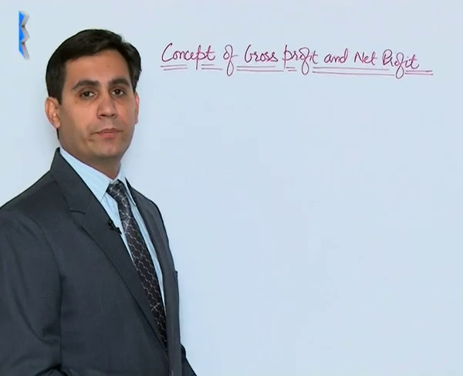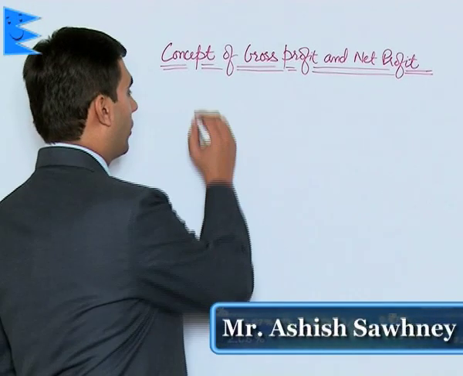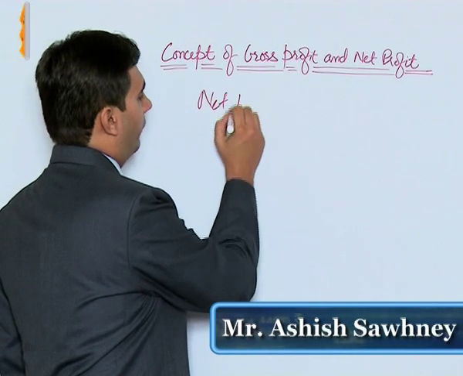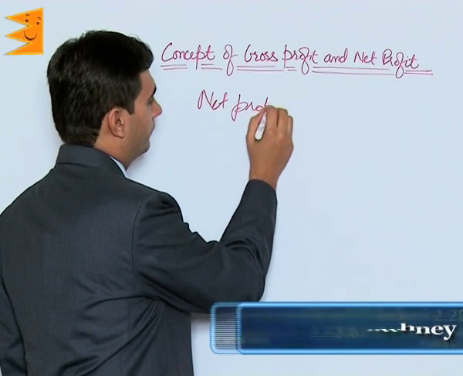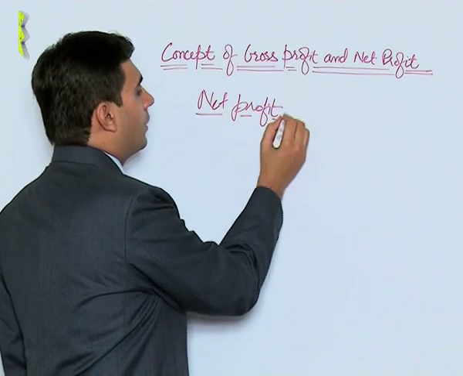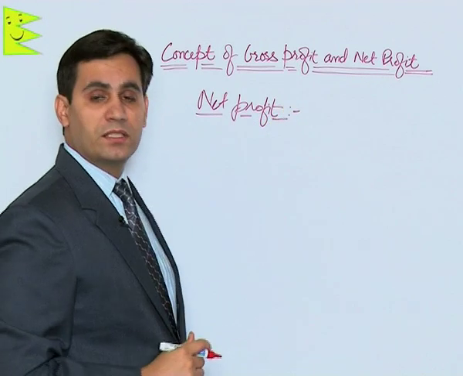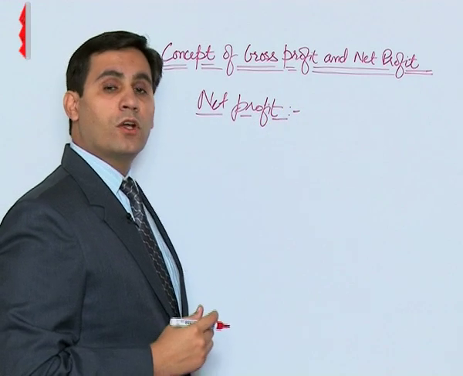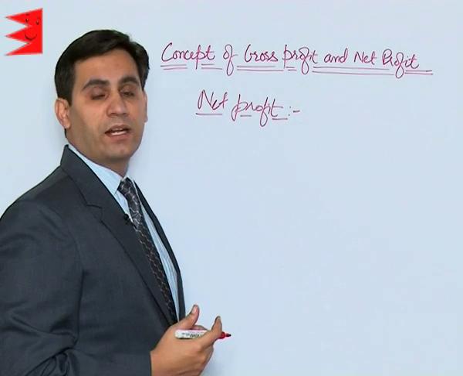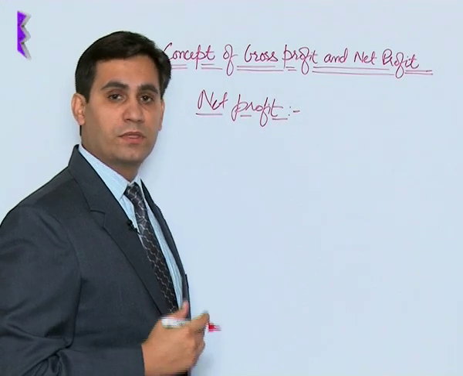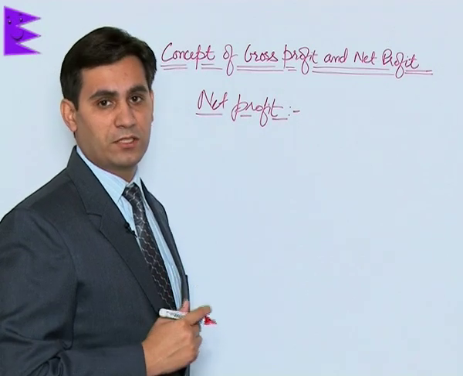Immediately following the concept of gross profit is the concept of net profit. Now students, net profit represents the profits of the business after deducting all the expenses. That includes indirect expenses also.